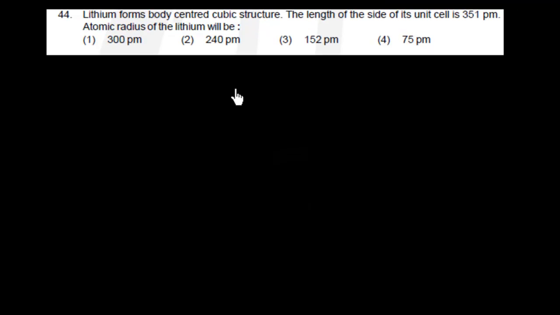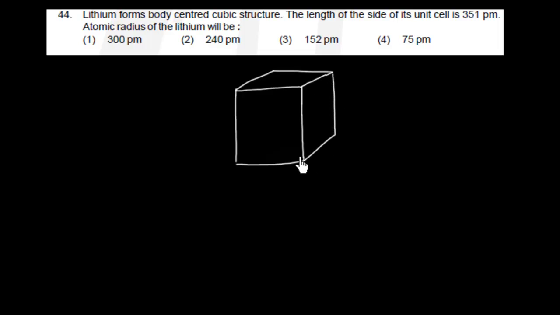So if you remember, in body-centered cubic lattice, this is your unit cell. Now I can make something like this. What happens in body-centered cubic lattice?